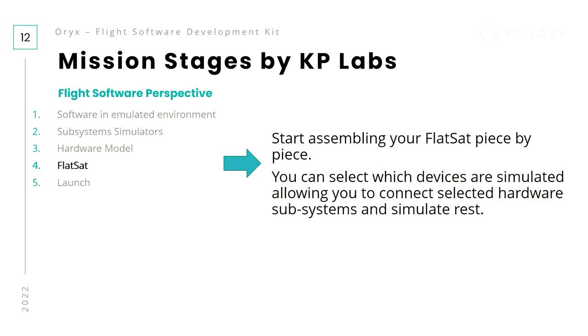What you can do with Oryx tools is disable the single simulator on the Oasis. So you tell Oasis, if there's a request to this EPS at this address, just don't answer. The EPS will do that for you. And we can now have a hybrid flatsat where some of the devices are still simulated in Python, and some of them are real.